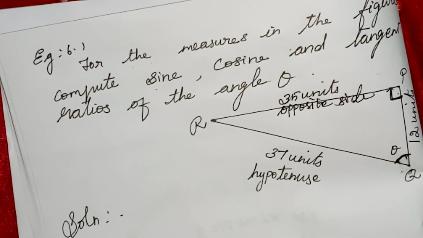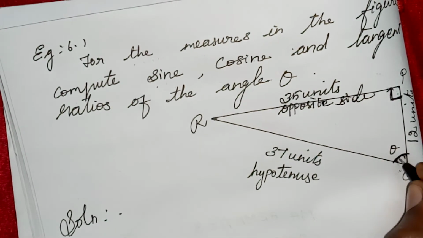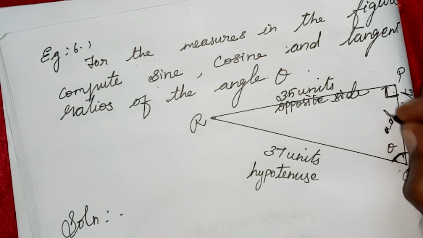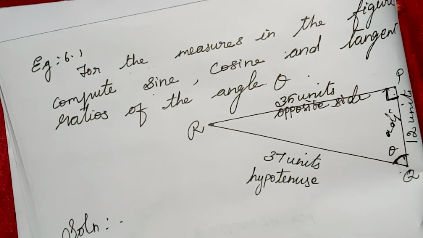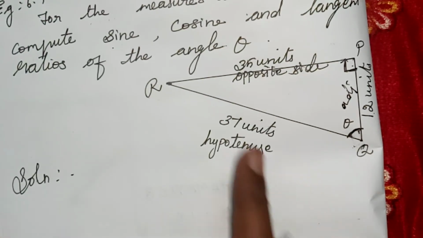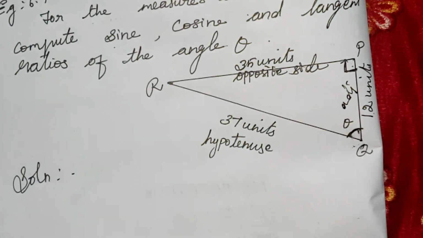It is the side nearest to theta other than the hypotenuse. So this is the adjacent side. So we have the opposite side, the hypotenuse, and the adjacent side.